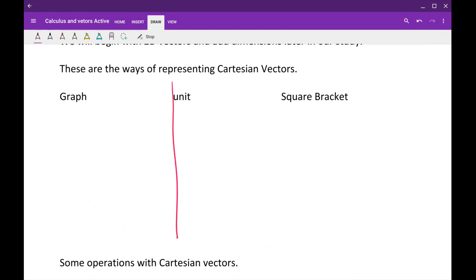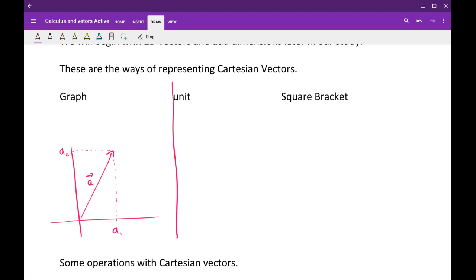So graphically, let's say I've got some vector, okay? And boom, there it is. And we'll call it vector A. And basically, each of these vectors has an A1 component and an A2 component. Our textbook is going to use A1 and A2 for the X and the Y, right?